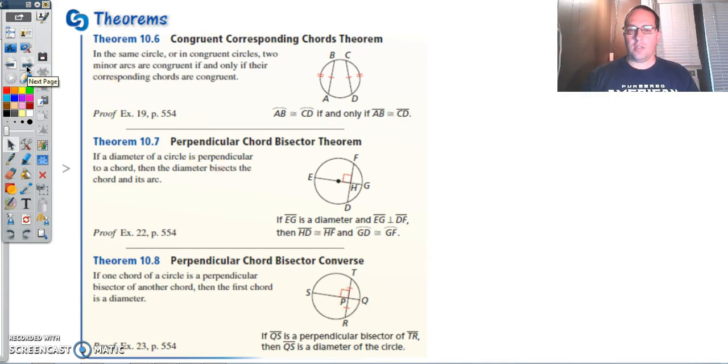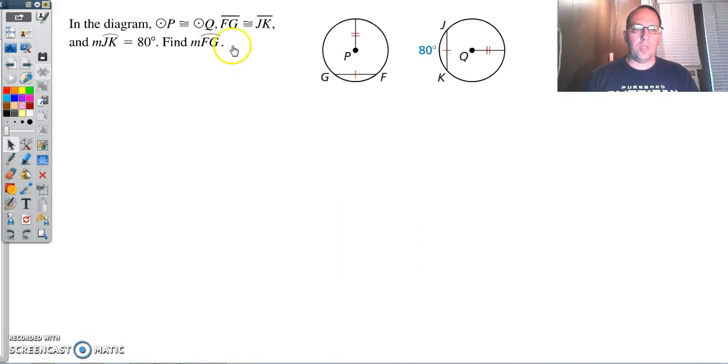Okay, so let's take a look at this, see what we can do with it. Here we have two circles, and we can see that they're congruent because their radii are congruent. In these, chord FG is congruent to chord JK, and we want to find the measure of arc FG.